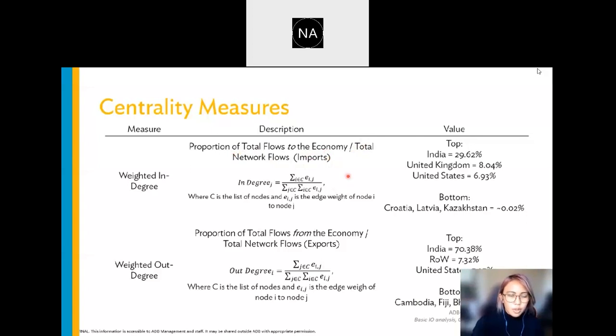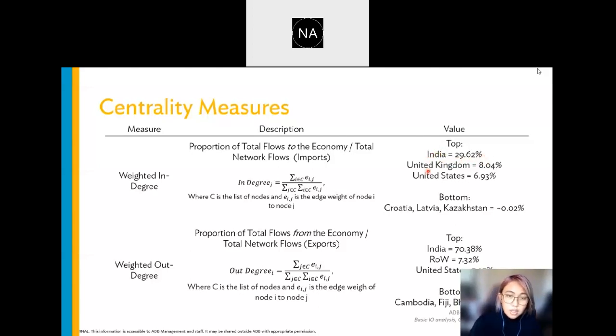The first one, in degree, just gives us an idea of the total flows to the economy versus the total network flows. So if you look at one economy, this gives you the total proportion of the imports of that economy to the total imports of your network.